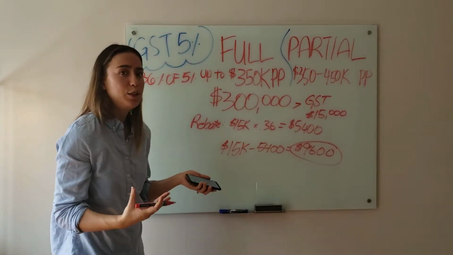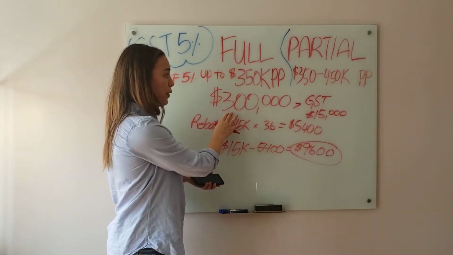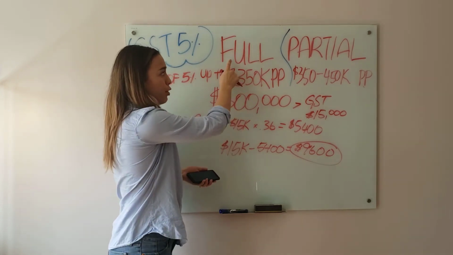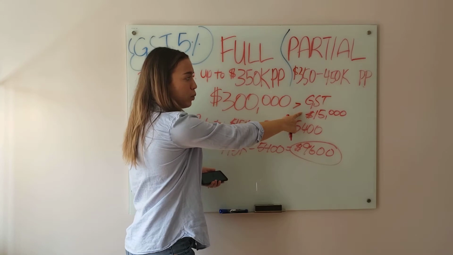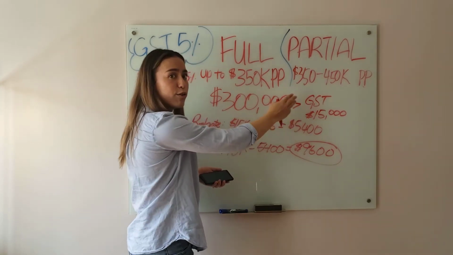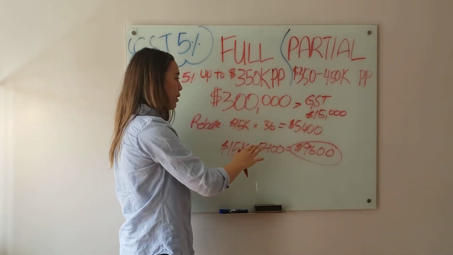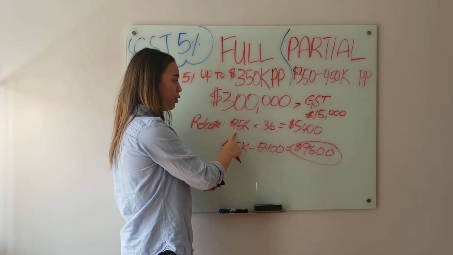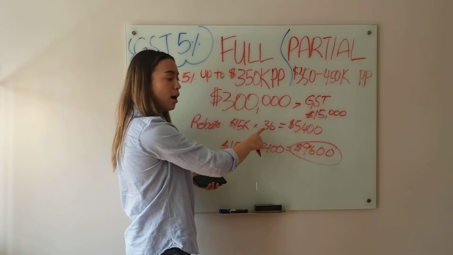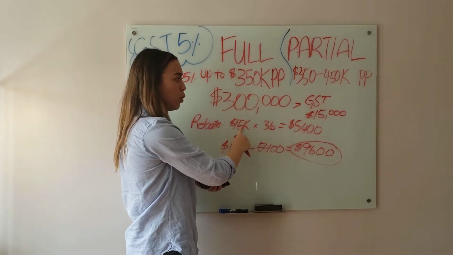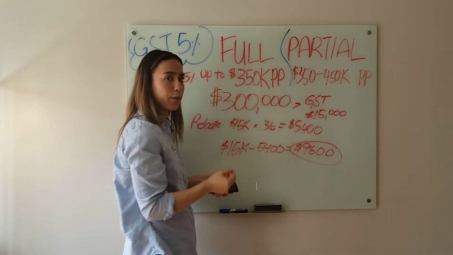So in the situation where your purchase price is $300,000, you qualify for the full rebate. You calculate your GST, which is $15,000 based on the 5% GST full amount. Then to calculate your rebate, you take that full GST amount and you're rebated 36% of the 5% GST, which comes out to a total rebate of $5,400.